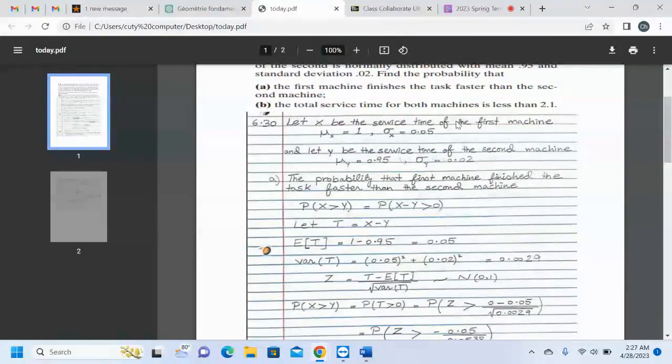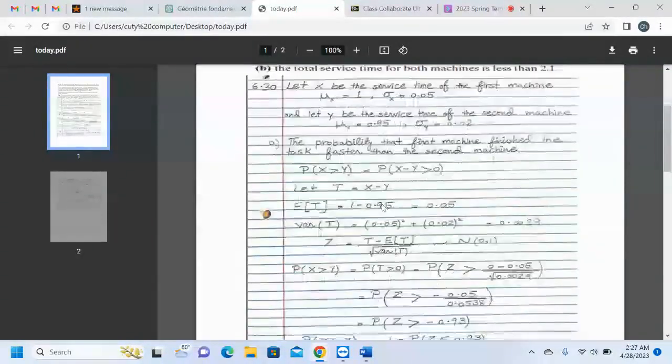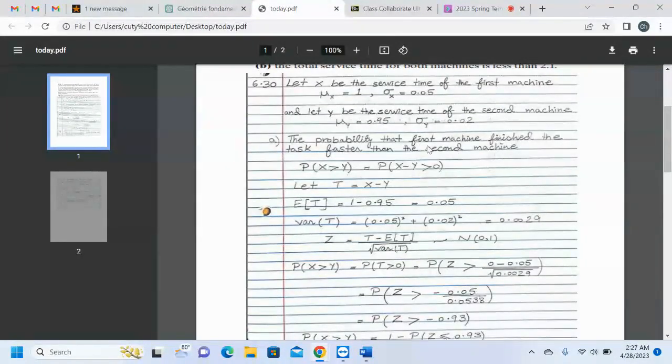Let X be the service time of the first machine, mu x equal to 1 and sigma x equal to 0.05, and let Y be the service time of the second machine, so mu y equal to 0.95 and sigma y equal to 0.02. The probability that the first machine finishes the task faster than the second machine, P(X greater than Y), is equal to P(X minus Y greater than 0).